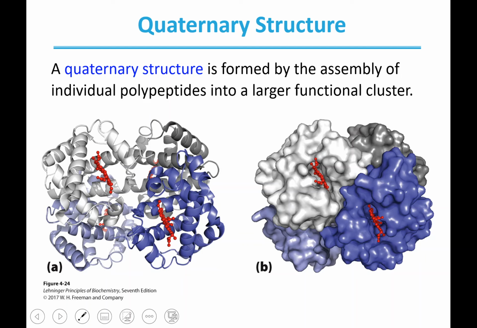Quaternary structure, as I mentioned before, is the assembly of individual polypeptides or individual proteins into a larger functional cluster. This is an example here. This picture is of hemoglobin.